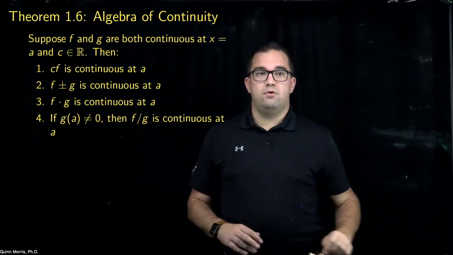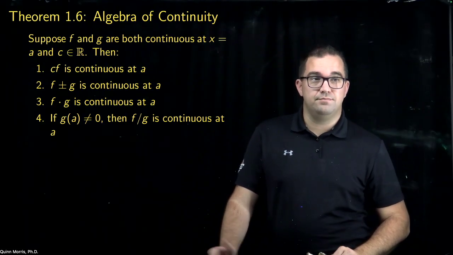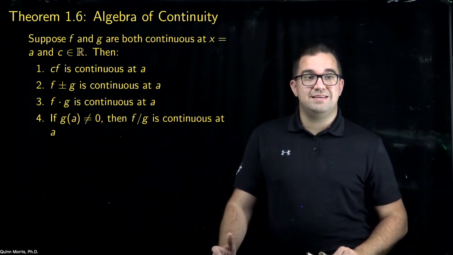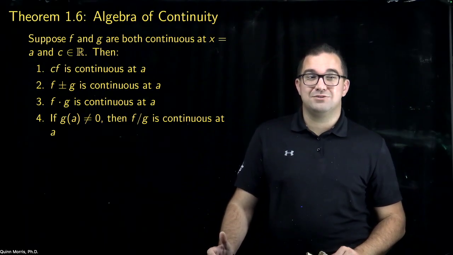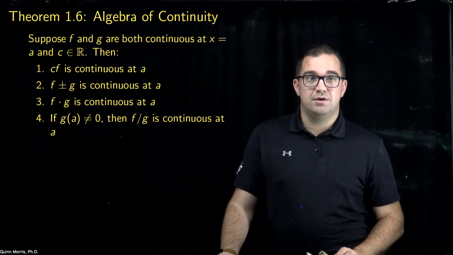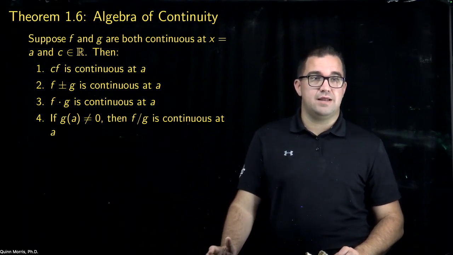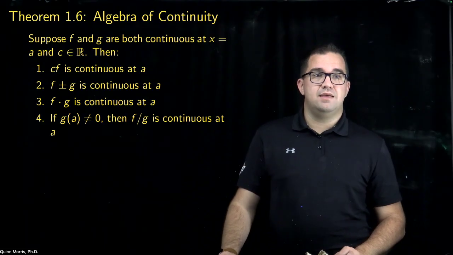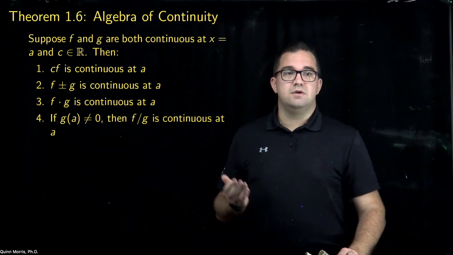All right. Now, some things follow from the definition of continuity. You'll notice that these look a lot like the algebra of limit properties, and that's because really they're exactly the same. This just says if f and g are both continuous functions at a point x equals a, then any constant times f is also a continuous function.